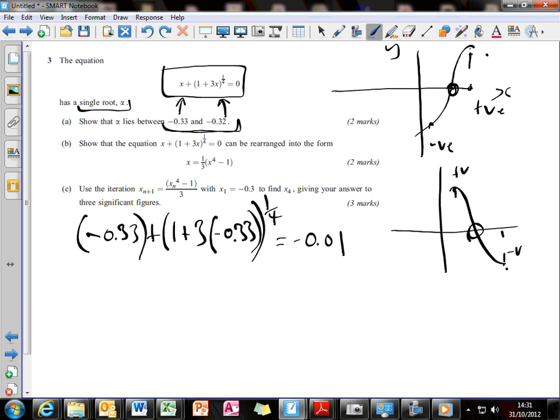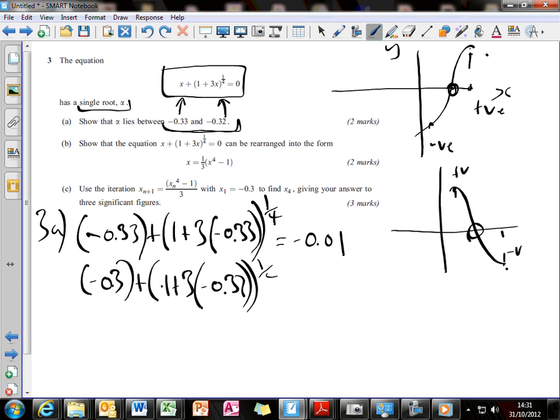Okay, and this is 3 part A. Then we're going to put in minus 0.32 plus 1 plus 3 times minus 0.32, all to the power of a quarter. And when we do that, we get 0.1.